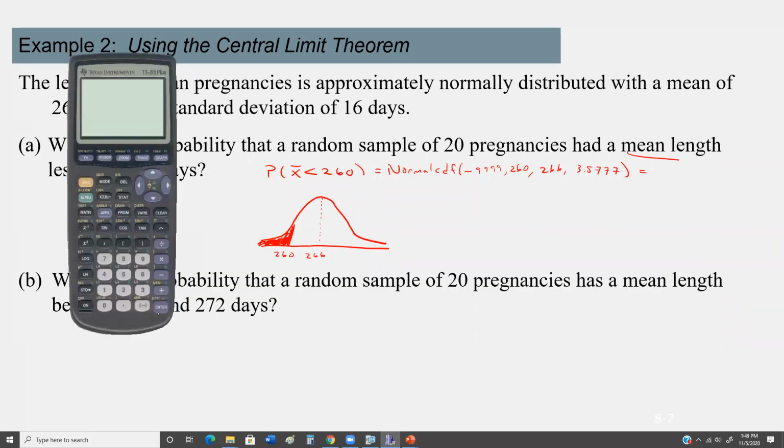I'll do it on the TI-83 here. So normal CDF, negative 99999, comma 260, comma 266, comma 3.5777.